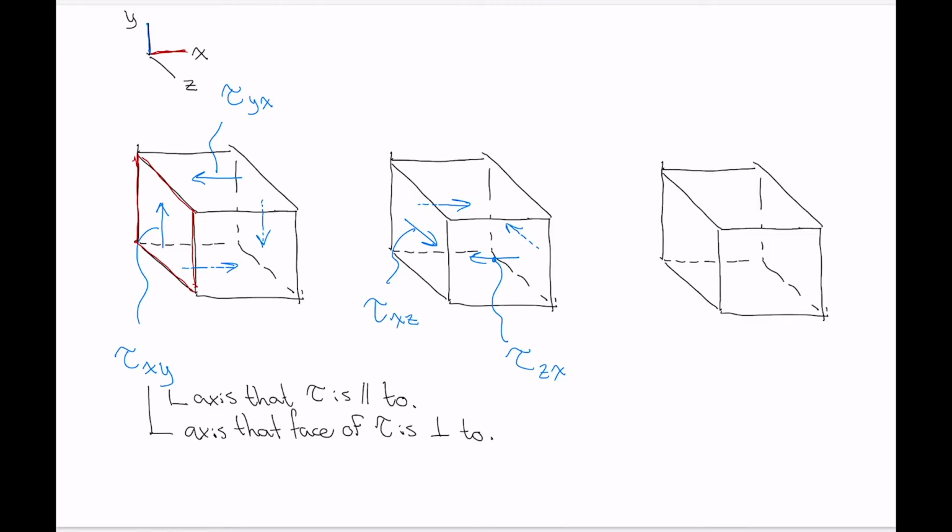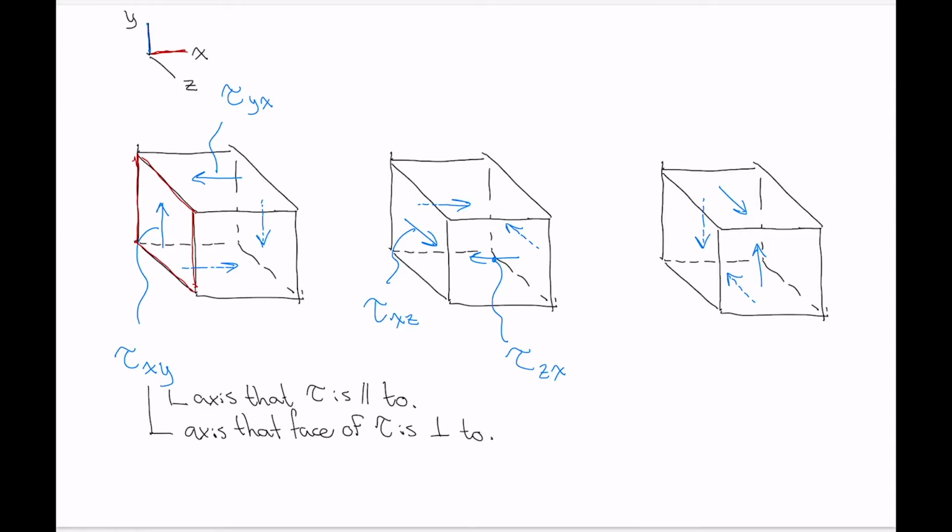Okay, what other possibilities do we have? So instead of having a shear stress that acts to the left on that top face, we could have one that acts forward on that top face like that, in which case we'd have one on the bottom face acting that way, and one on the front face acting up, and one on the back face acting down like that.